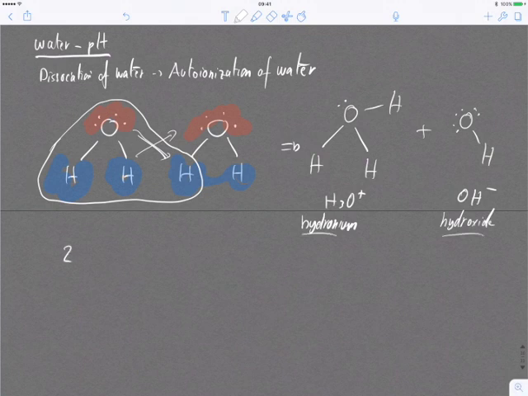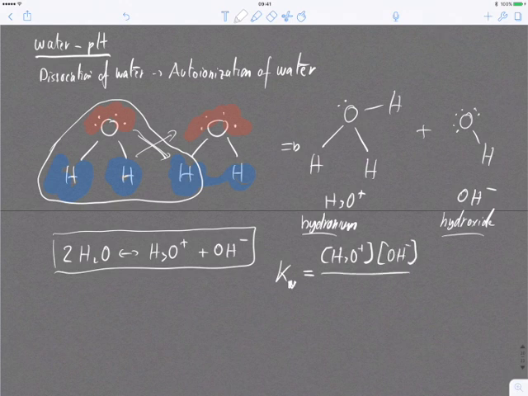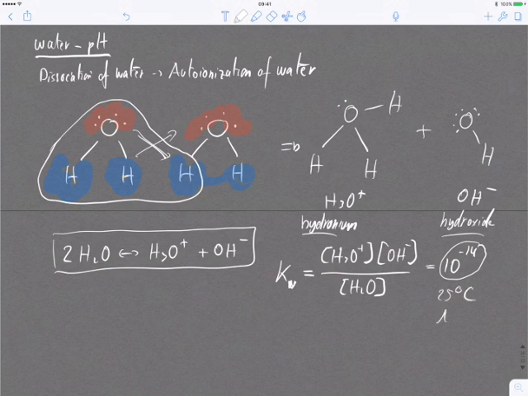The equation is 2H2O gives you H3O plus plus OH minus. And the constant of dissociation of this, we call it the constant of water, or Kw, equals the concentration of H3O plus times the concentration of hydroxide divided by the concentration of water, equal to 10 to the power of minus 14 at 25 degrees C, 1 atmosphere.